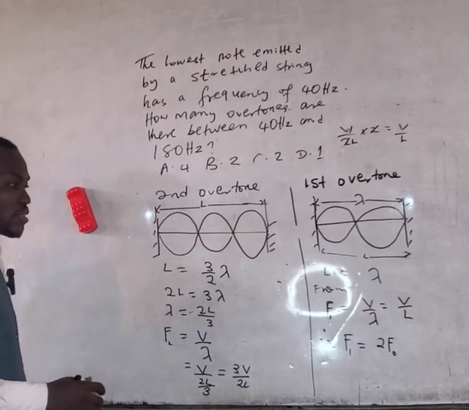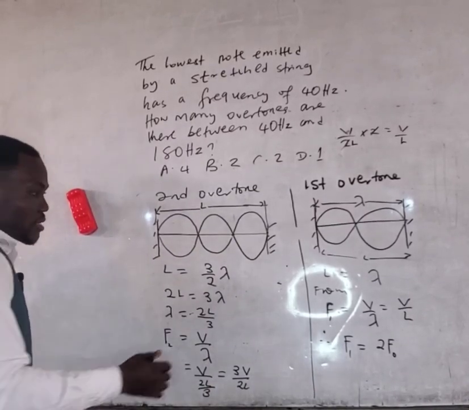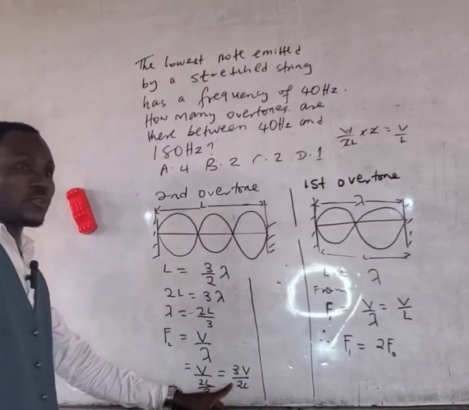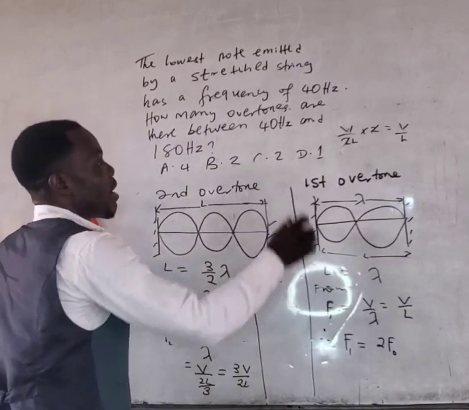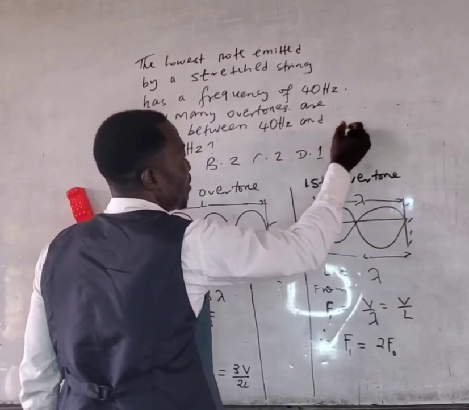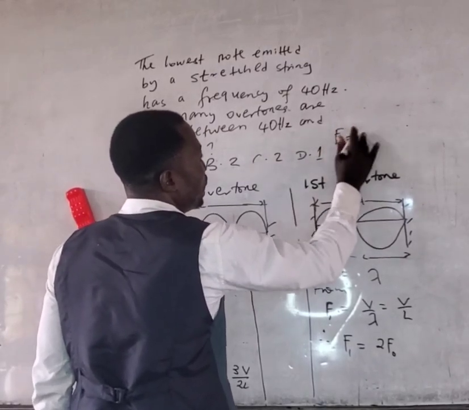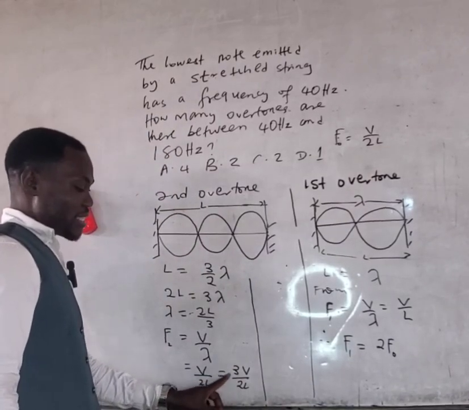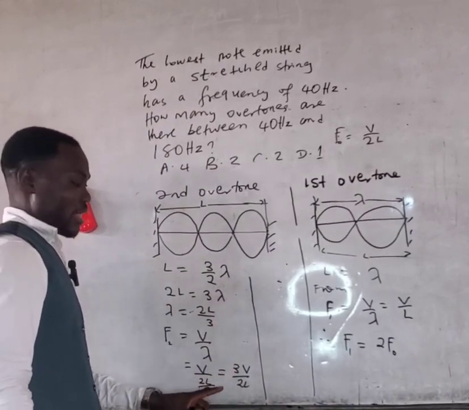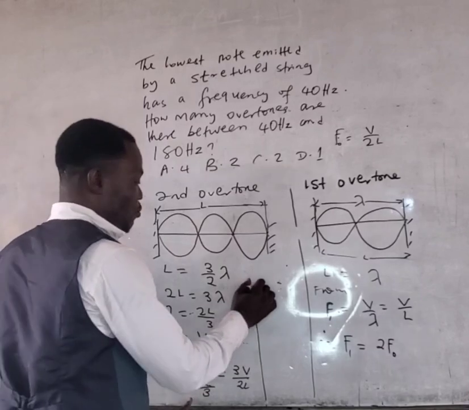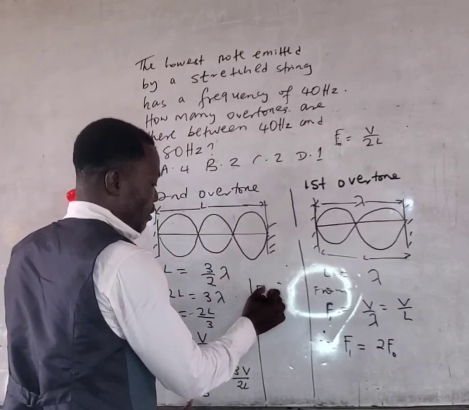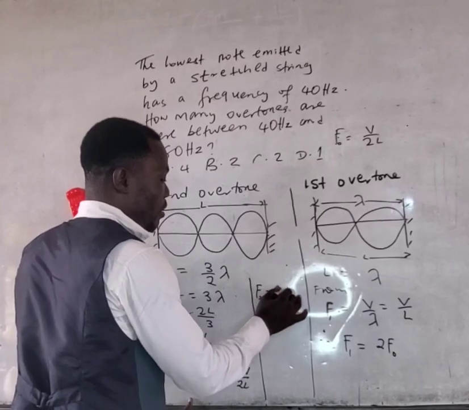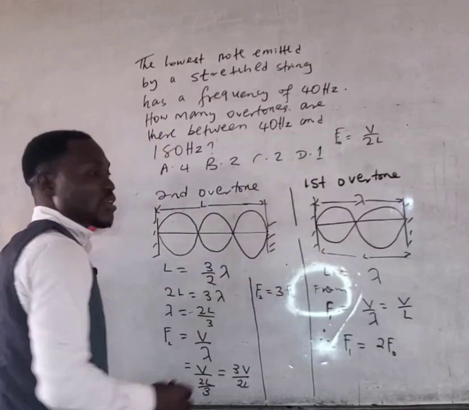Now, remember FO is equal to V over 2L. So when I remove this 3, I have V over 2L. That means F2, the frequency of the second overtone, is equal to 3 times the fundamental frequency.